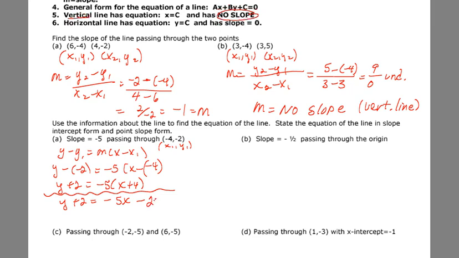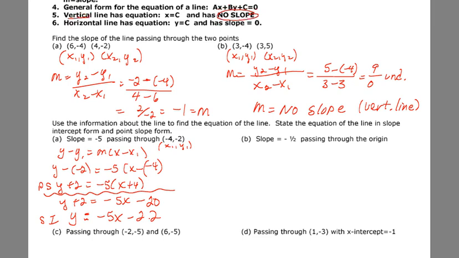And let's subtract 2. So if I subtract 2 on both sides, I'll have negative 5x minus 22. This is point-slope form, and this is slope-intercept form, where you have a slope and a y-intercept.